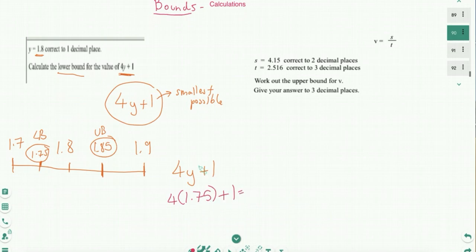And let's get my calculator out. 4 times 1.75 plus 1 is 8. So this is the lower bound of 4y plus 1.